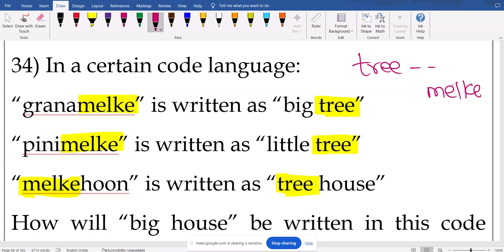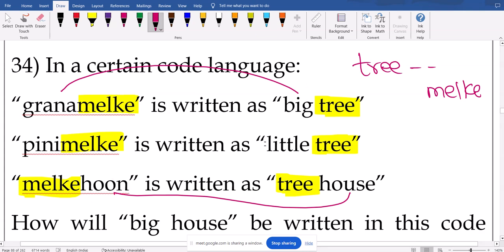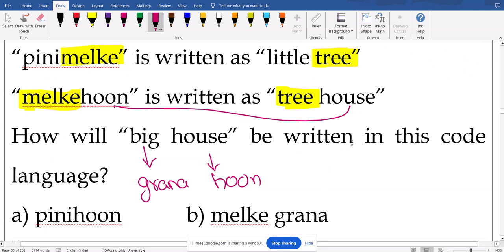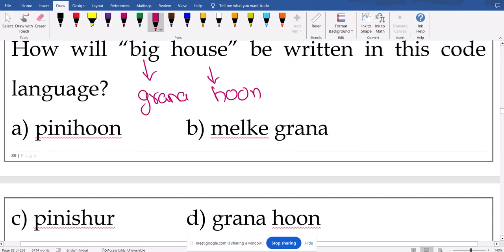Now, what should be the code for big? GRNA. What is the code for house? Hoon. The position is also the same. So big is GRNA, and house is hoon. I first need to find these two words, and the order is secondary. I need GRNA and hoon in the options, and both are available in only one option. First the words, next the position.